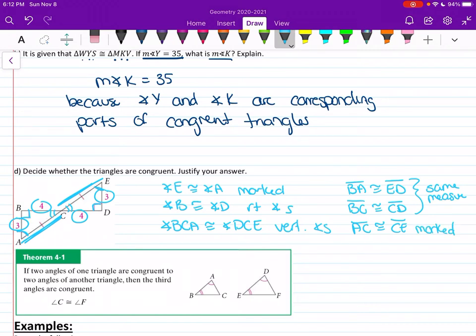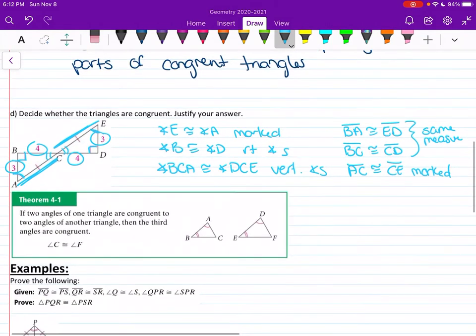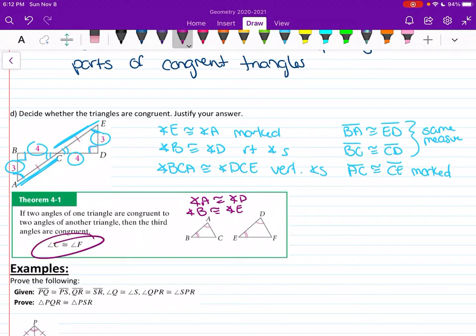All right, so now we got a theorem. It says if 2 angles of one triangle are congruent to 2 angles of another triangle, then the third angles are congruent. So if I have angle A congruent to angle D and angle B congruent to angle E, then I must know angle C would have to be congruent to angle F. And this is because, remember, they have to add up to 180 degrees.